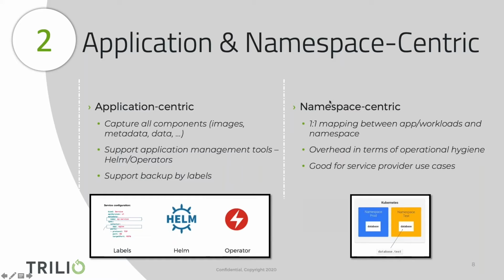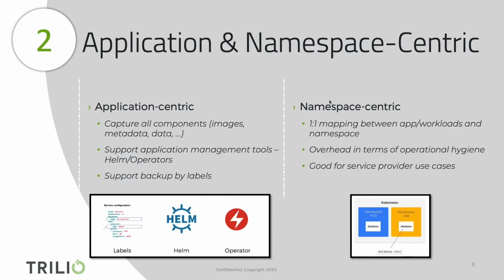The next aspect is what you want to back up. And from a data protection standpoint, Kubernetes focuses on applications. So your applications are what you want to protect. We heard from JJ Ashker some time ago that Helm is basically the de facto tool used in Kubernetes for application management and tooling. So when you're protecting your applications, you want to make sure that you are protecting these applications along with the tooling that comes with it.